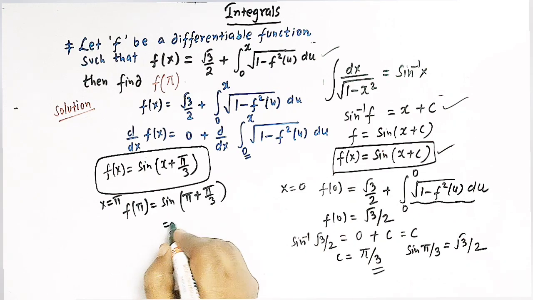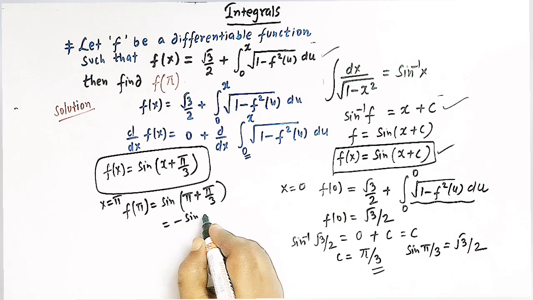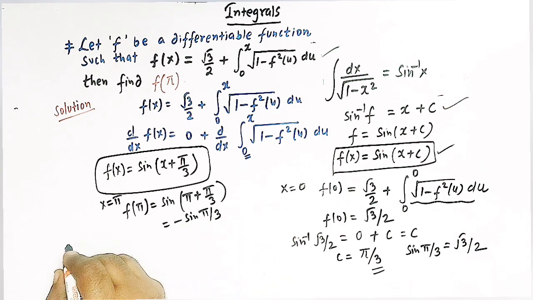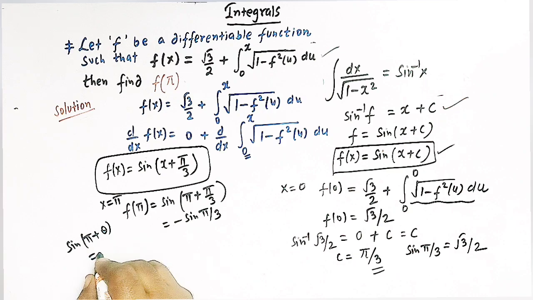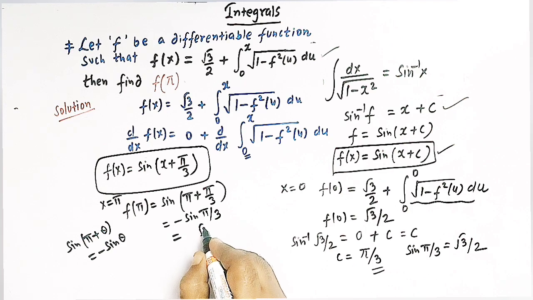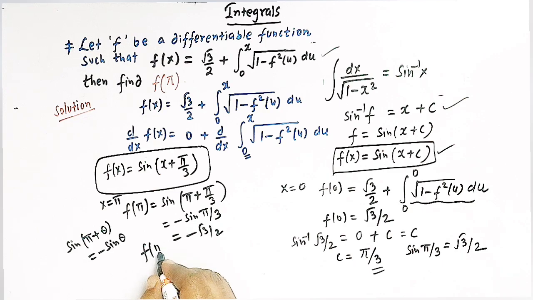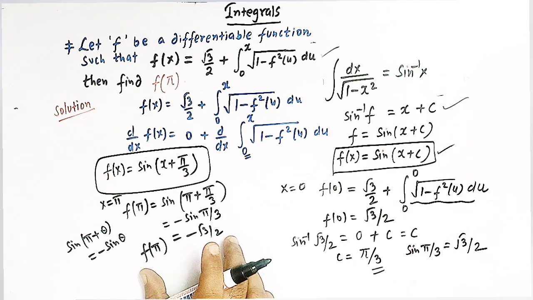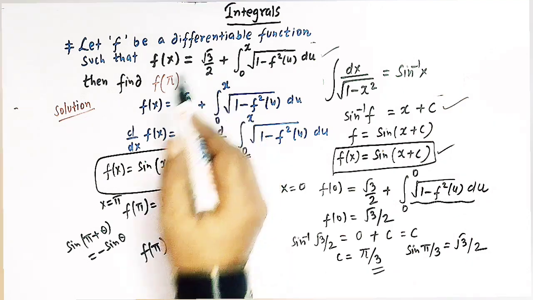And sine of pi plus pi by 3 is minus sine pi by 3, because we know that sine of pi plus theta is equal to minus sine theta. Now sine pi by 3 is root 3 over 2, and here we have the negative sign. So the value of f of pi is given by minus square root of 3 over 2.